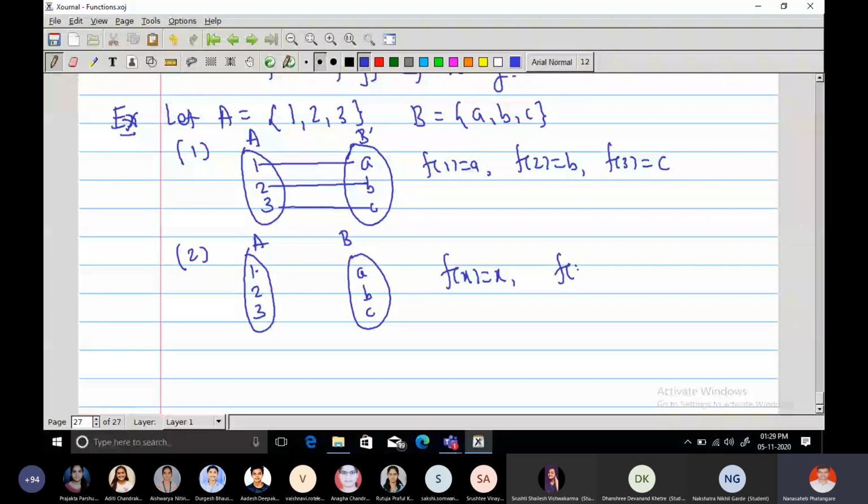Is 1 available in the codomain? If x is in A, then f of x is in the codomain. And when I say f of x is equal to x, then f of 1 is equal to 1. Is 1 available in B?